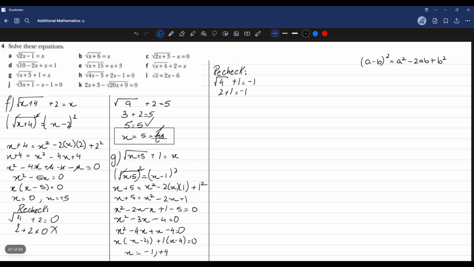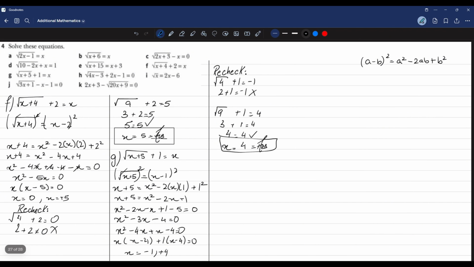No, that is not the case. So this is our incorrect value. However, if we check for 4, we have 4 plus 5 is equal to 9. So under root 9 plus 1 is supposedly equal to 4. So 3 plus 1 is equal to 4. And yes, 4 is equal to 4. So we can say easily that x equals 4 is the answer for this part.